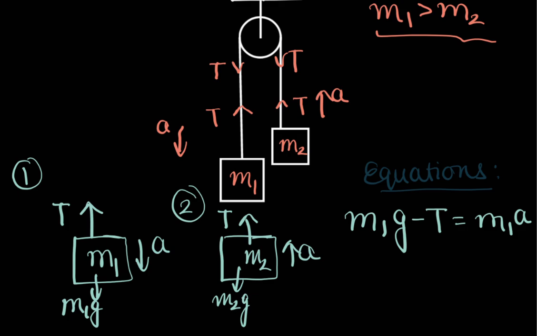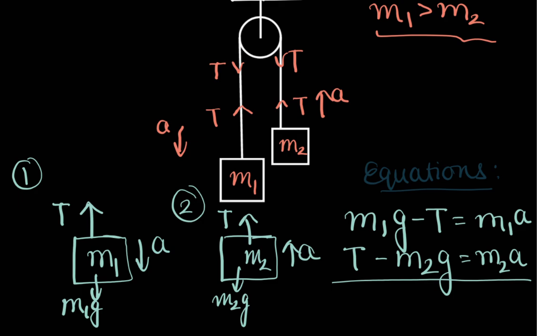So tension is the only force upwards, and m2g is less than tension, because the net acceleration is towards the upper side. This means the net force is on the upper side. So T minus m2g is equal to m2a.